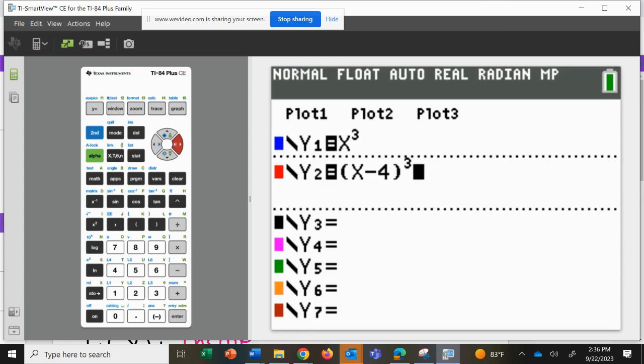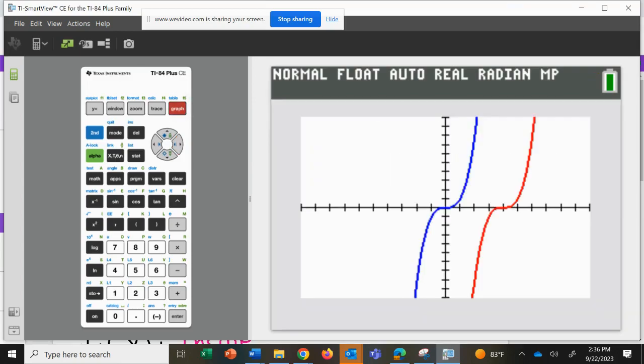So it's on the inside. Did you get it? So when you hit graph, this one was on the inside. It was minus, but it actually went in the positive direction. This one goes opposite of what you think.